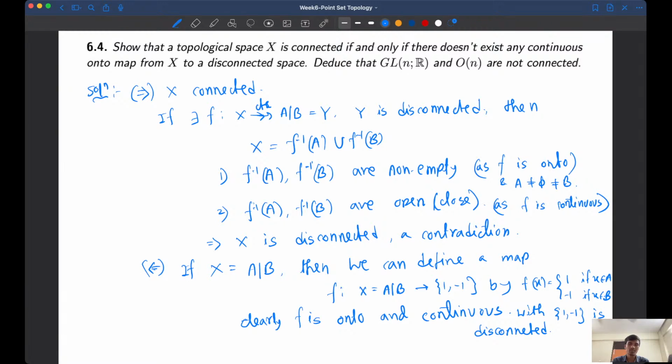So again, {1, -1} I'm considering with the discrete topology, okay, so that I should mention, because I could have taken another topology, but that I'm not taking. This is the discrete topology, so this is disconnected, which is again a contradiction.